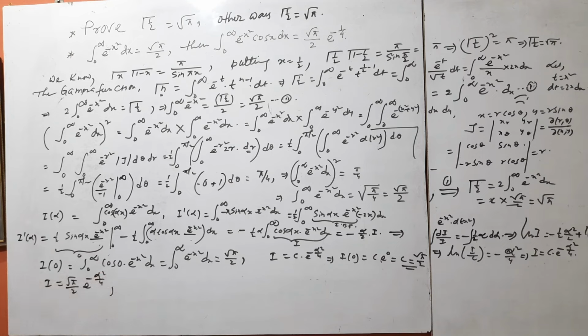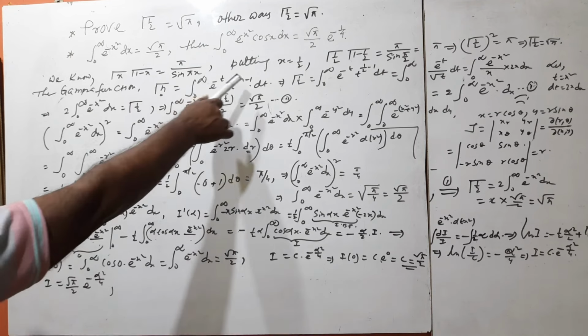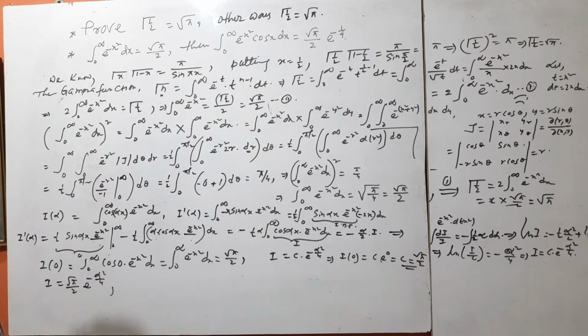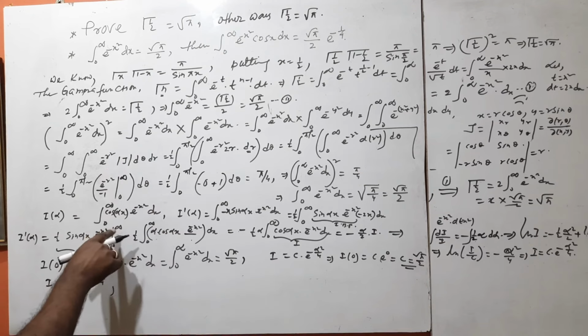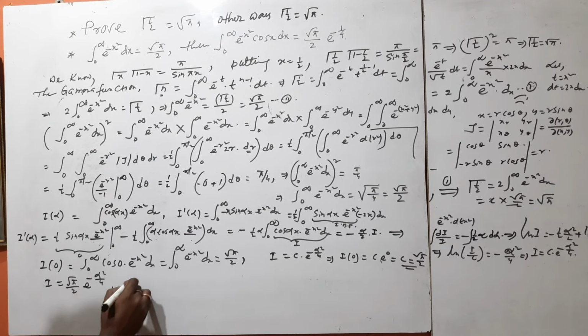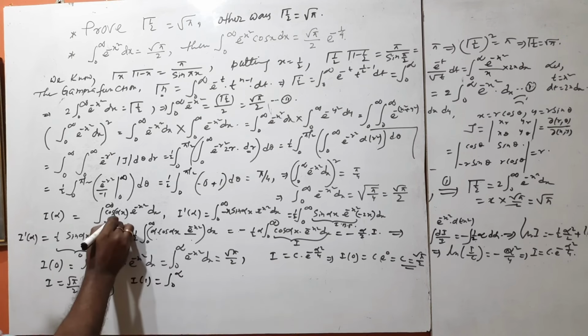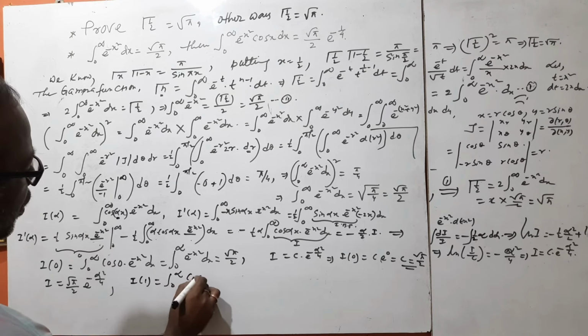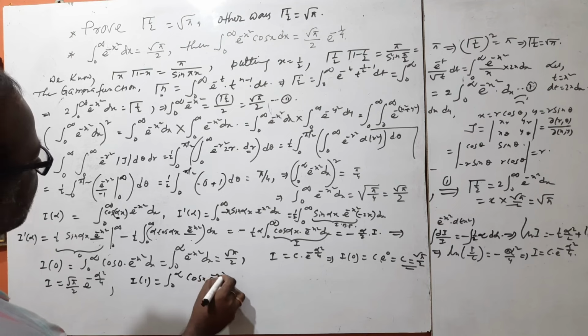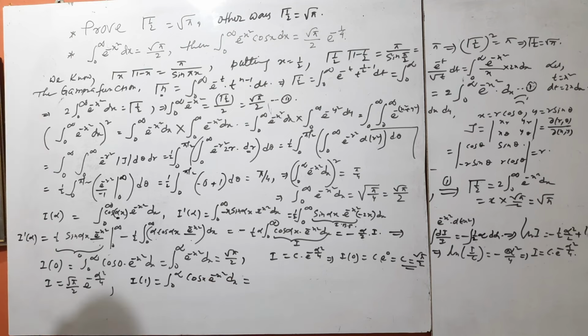Now I want to get this value. So in place of alpha, see here alpha is 1. So I want to get the integral from 0 to infinity, in place of alpha you put 1, so cos x into e to the power minus x square dx.